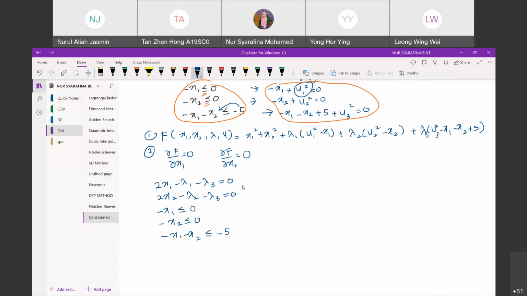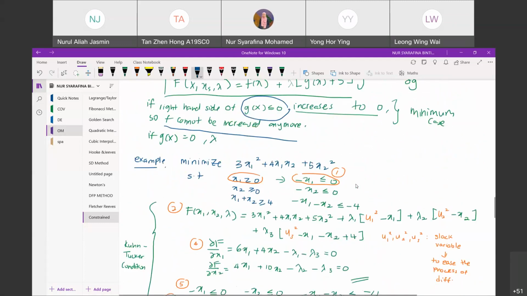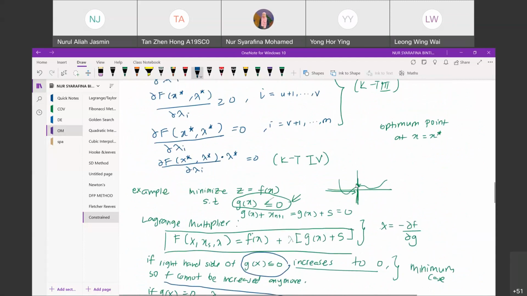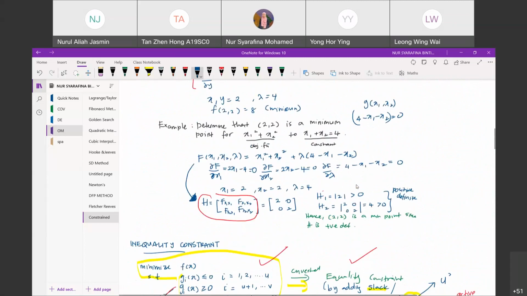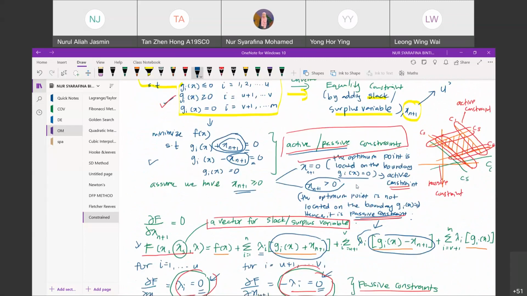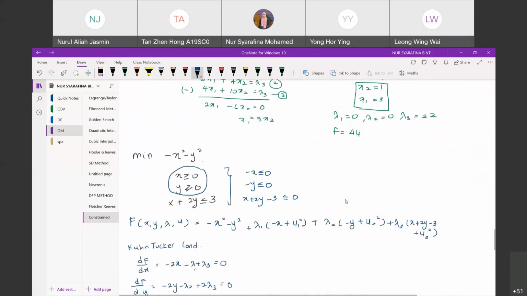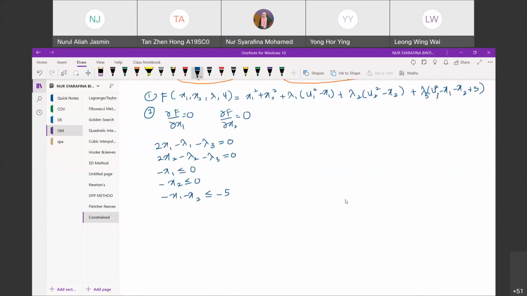You know that there are two types of constraint. It can either be active or passive. How can we identify its activeness or passiveness? By looking at the slack, but we don't know it, so we have to consider the lambda variables, lambda 1, lambda 2, lambda 3, which can either be passive or active.